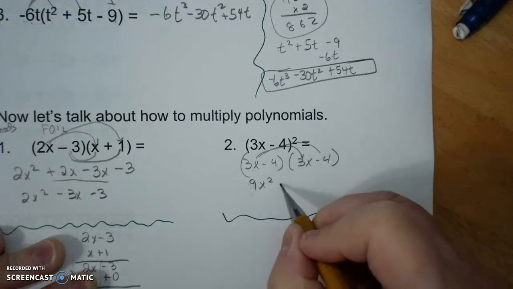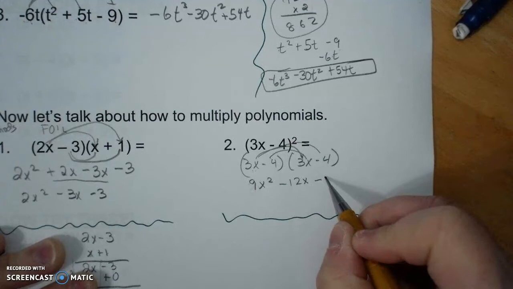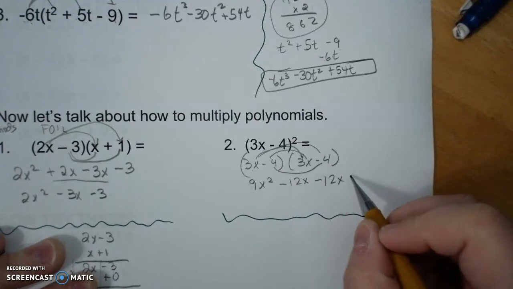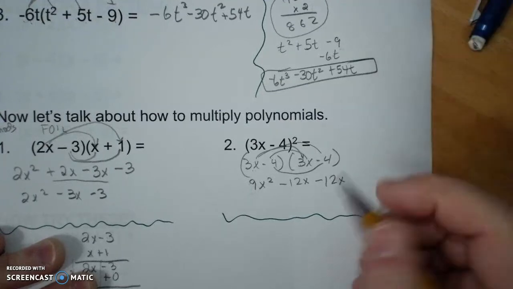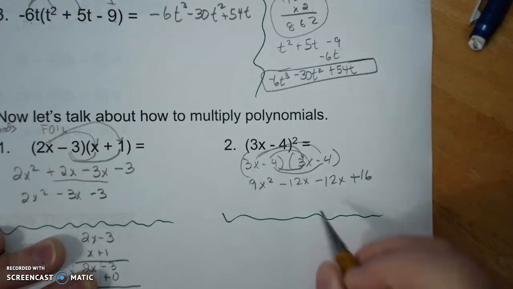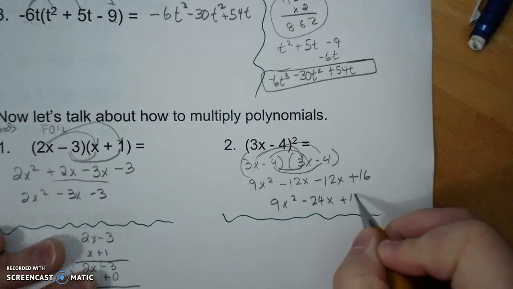Outer, minus 12x. Inner, minus 12x. Last times last, plus 16. 9x squared minus 24x plus 16.